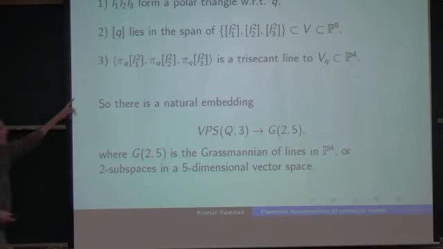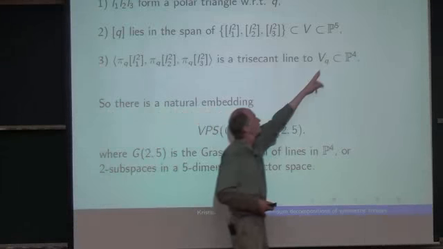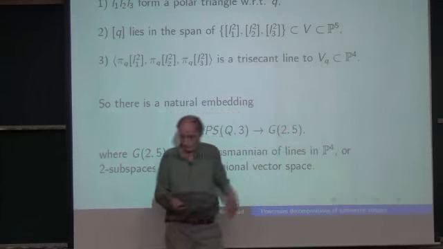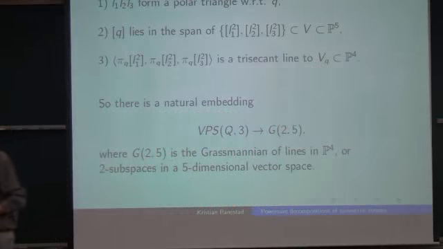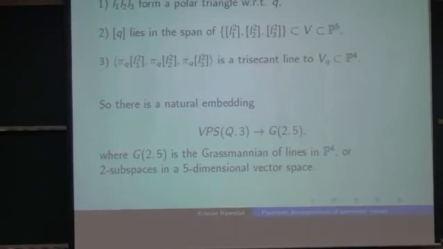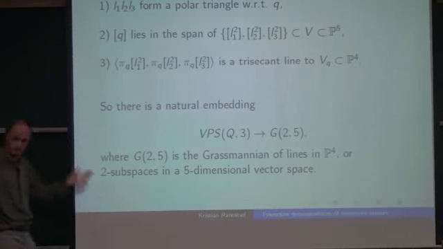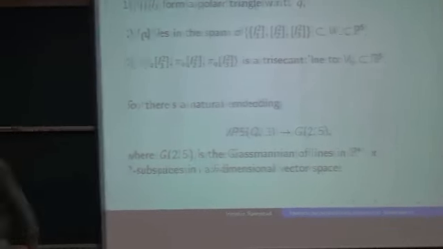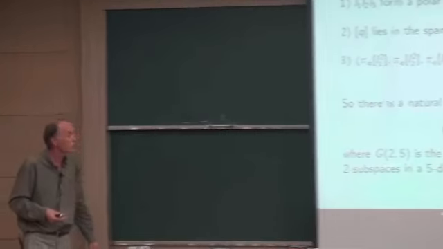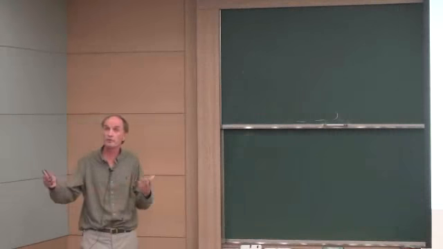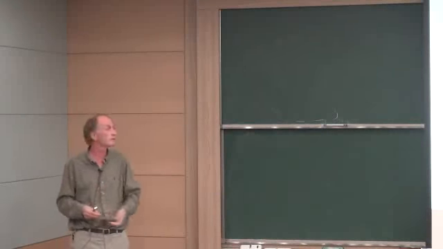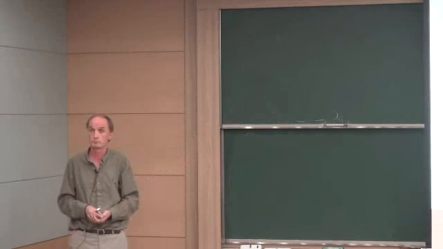Of course, they're still on the surface. So this way, you actually get a trisecant line to that surface VQ, the Veronese surface projected into P4. And actually, the whole family of polar triangles correspond precisely to the trisecant lines of VQ this way.